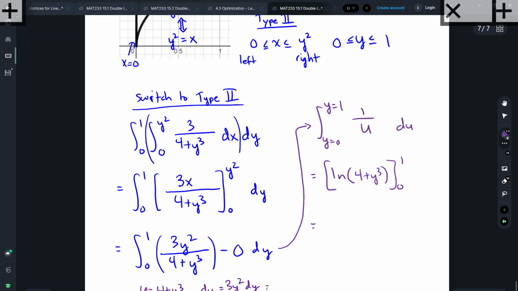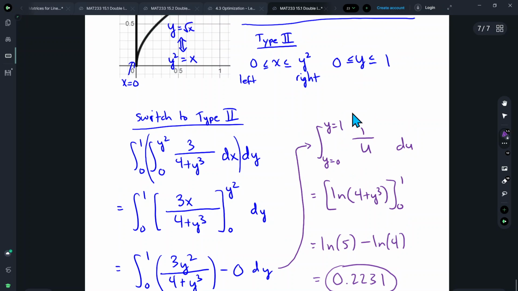If I plug in 1, I get the natural log of 5, minus, if I plug in 0, I get the natural log of 4. And then now this just needs to be calculated. I calculated this beforehand, and it comes out to be 0.2231.